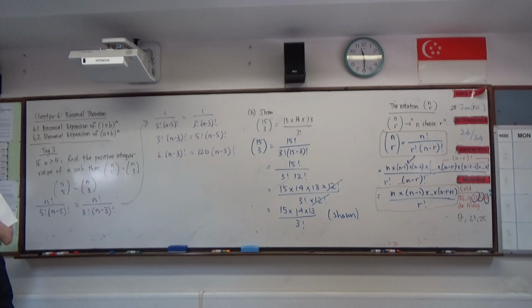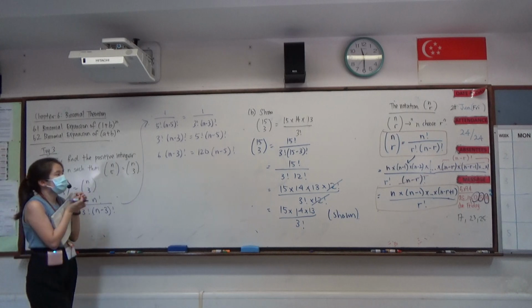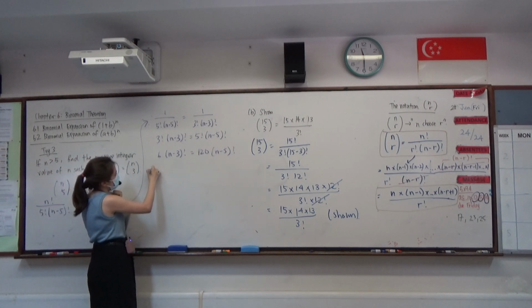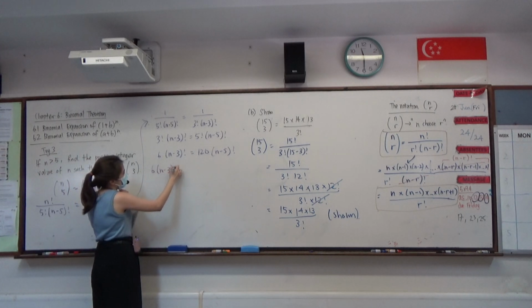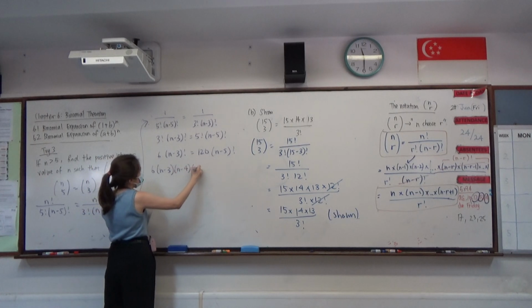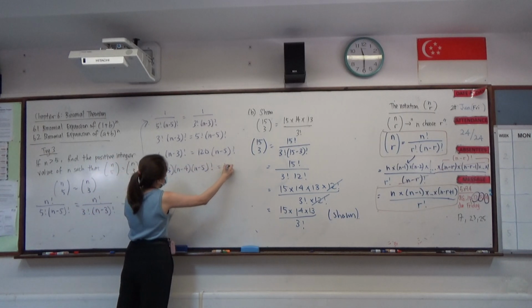Can you tell me between n minus 3 and n minus 5, which number is actually bigger? N minus 3 is bigger, right? So in n minus 3 factorial, we have the n minus 5 factorial inside it.